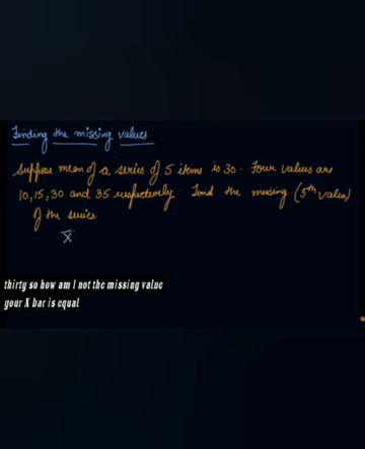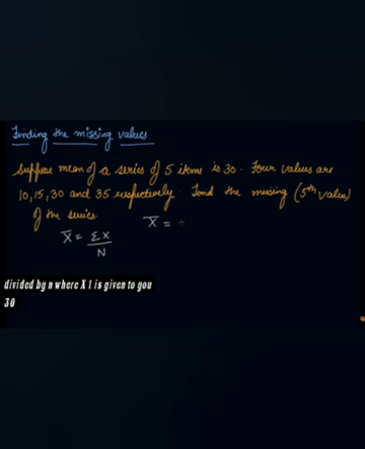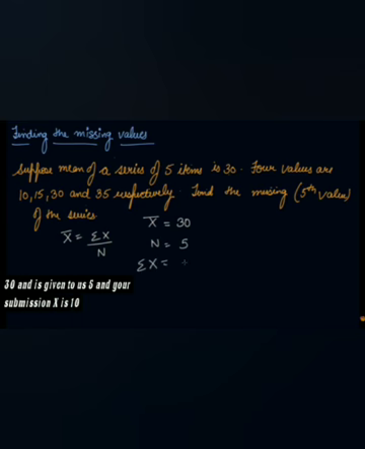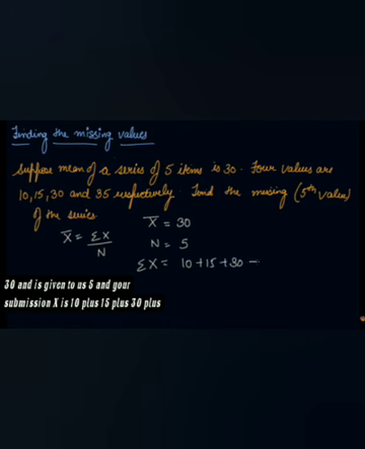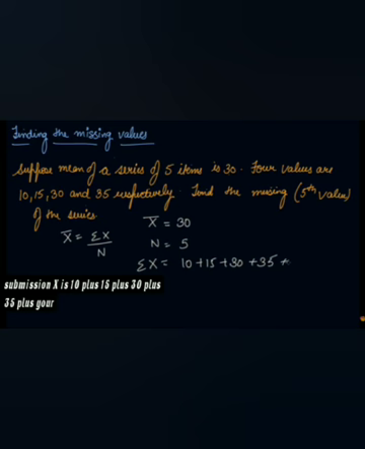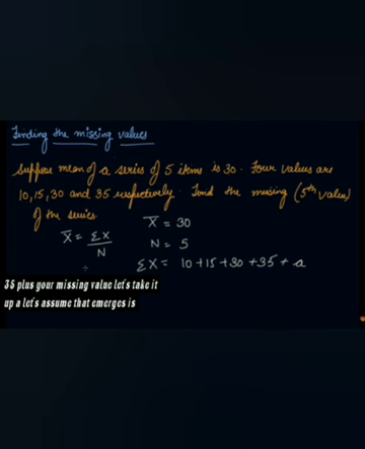Your x bar is equal to summation x divided by n, where x bar is given to you as 30, n is given as 5, and your summation x is 10 plus 15 plus 30 plus 35 plus your missing value. Let's assume that the missing value is a. So x bar is 30.